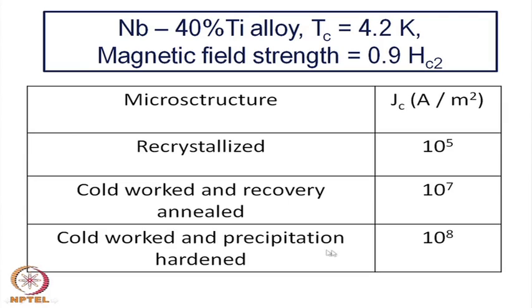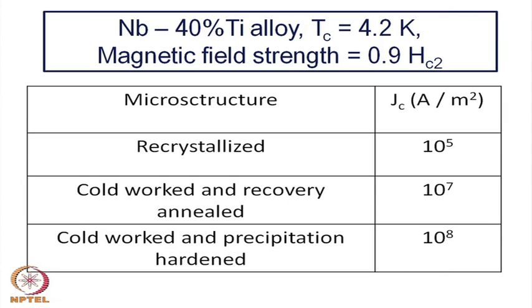And accordingly, one can expect the highest current density here, about 10 to the power 8 ampere per meter square, and then this is slightly lower, one order of magnitude lower, 10 to the power 7, and this is much lower, 10 to the power 5. So, just by changing the microstructure, increasing or decreasing the dislocation density, one can vary the current density almost by 3 orders of magnitude.